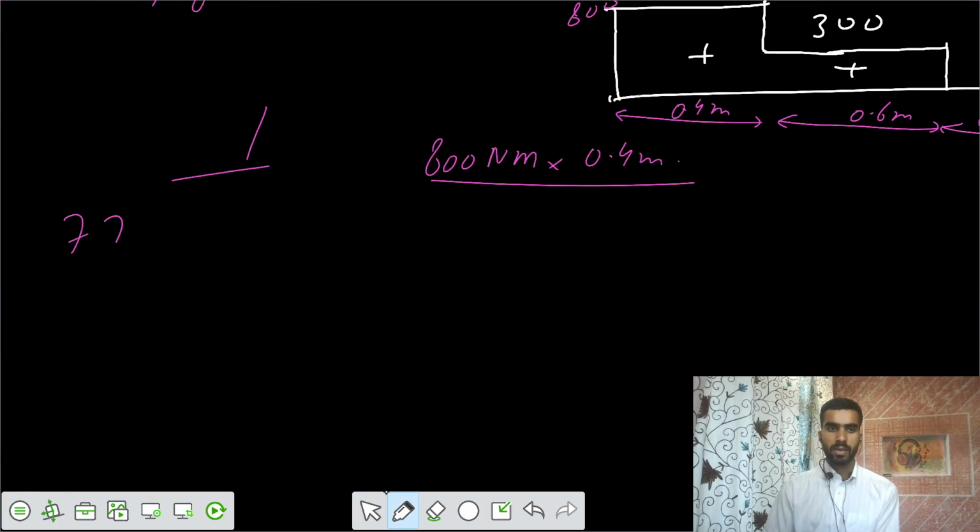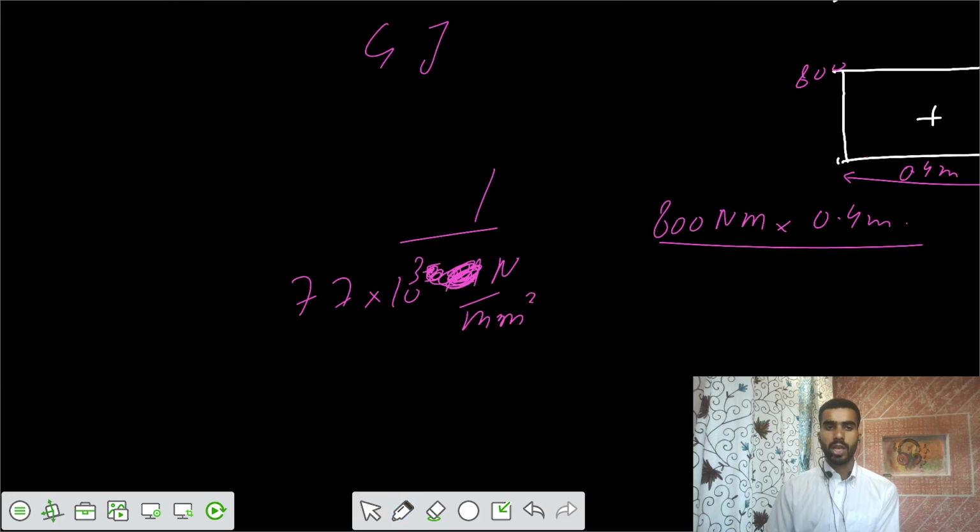So 1 by 77 gigapascal, that is 77 into 10 to the power 3 Newton per millimeter square. So you have this G, and you have the value of J equal to pi by 32 d to the power 4.